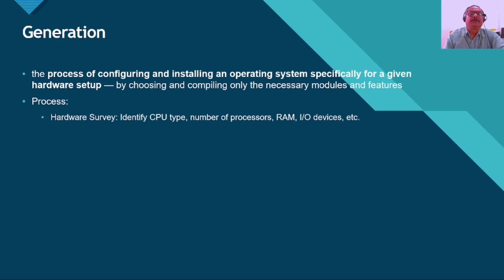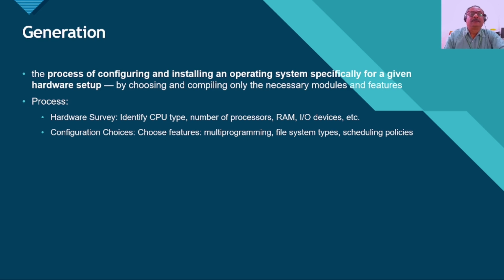The hardware is first surveyed to identify the CPU type and how many processors are there in the system, what type of RAM we have, what is the capacity of the RAM, what all I/O devices are connected to the system, and so on.